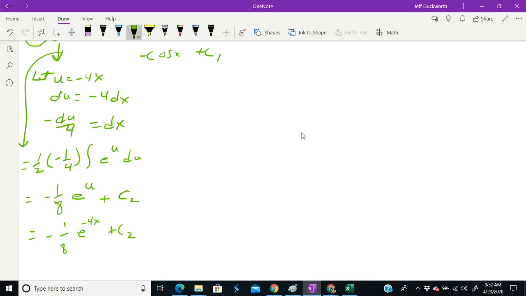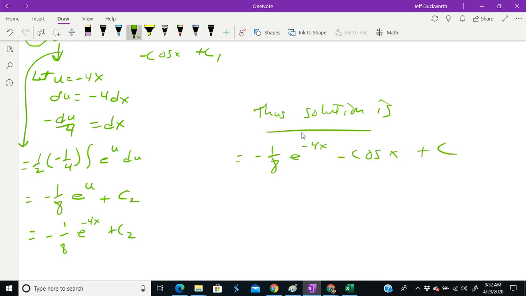So our entire answer, our solution, is equal to negative 1/8 e to the negative 4x minus cosine of x, and then just plus some c. C1 and C2 can turn into C.